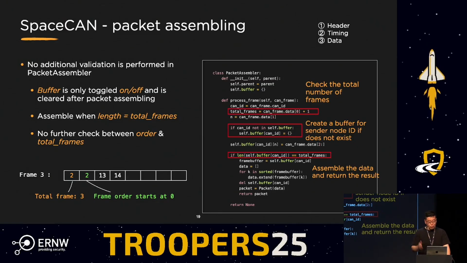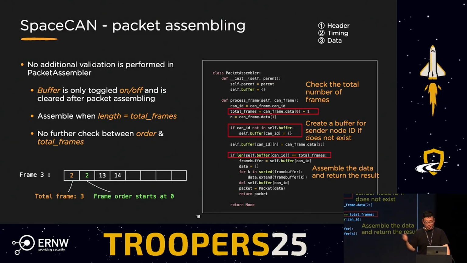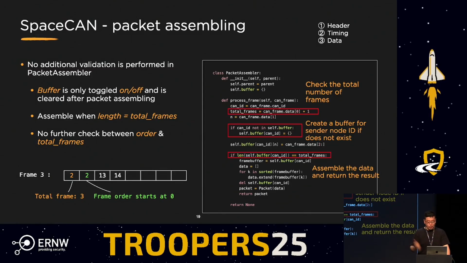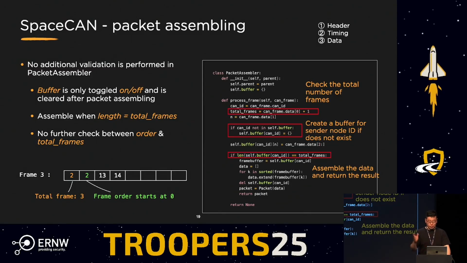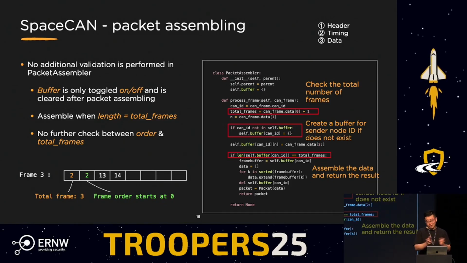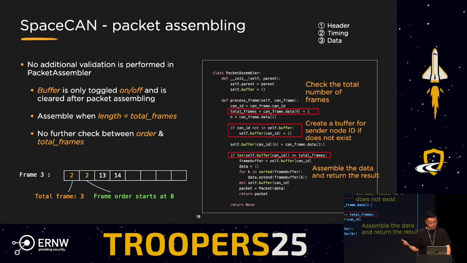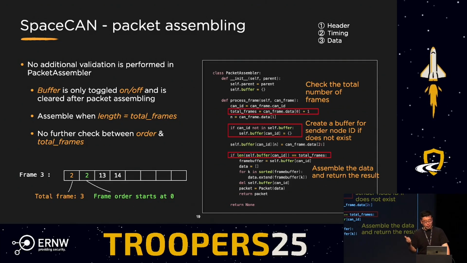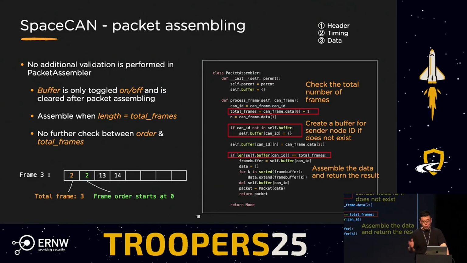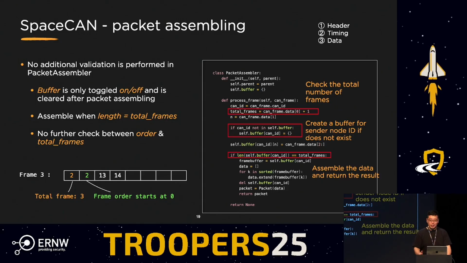And then you will create a buffer for that node ID. If there is an existing buffer, it means there was a packet sent to the controller about this long packet. Next, you will assemble the data when the numbers match the total frame.